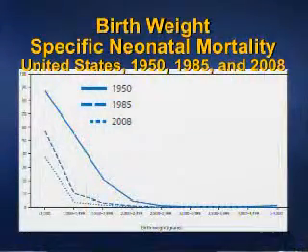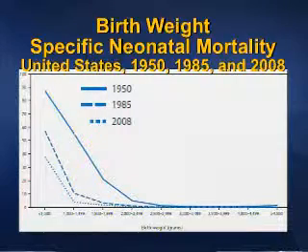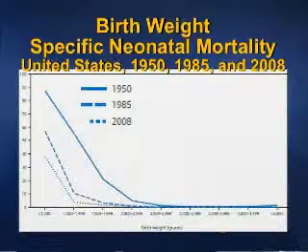If we look at the birth weight and infant mortality, we do see that there is a large gap in the less than 1,500 gram birth weight range. Right here, this is from 1950 to 2008, and the trend is about the same. At 1,500 grams and below, you see there's still a high level of infant mortality in this group.